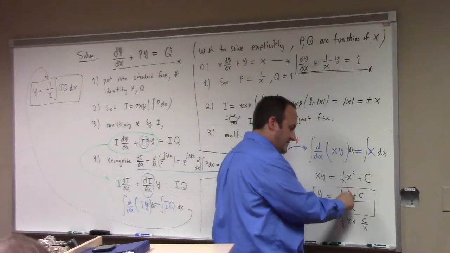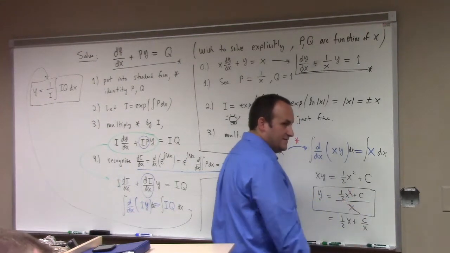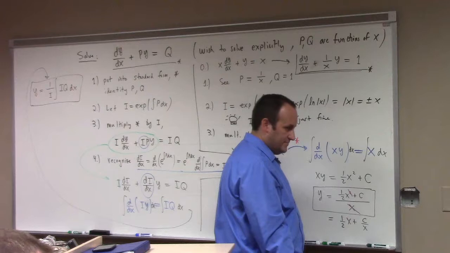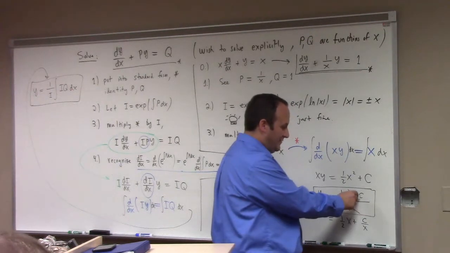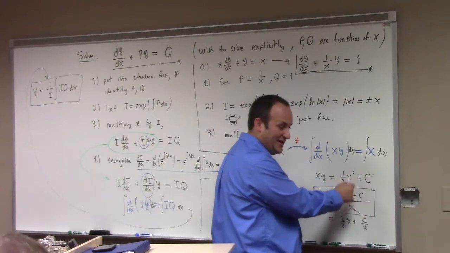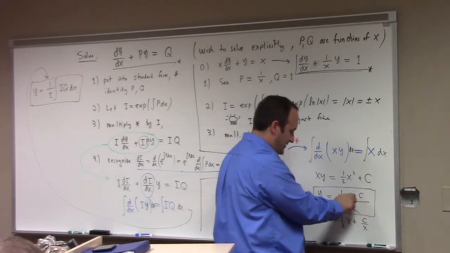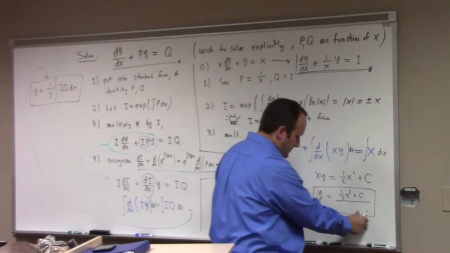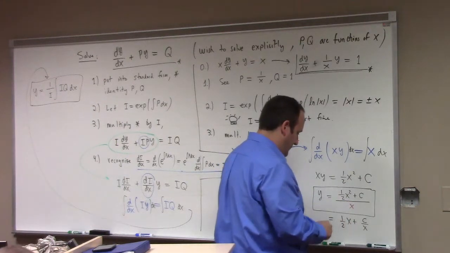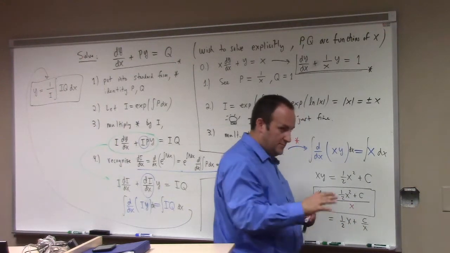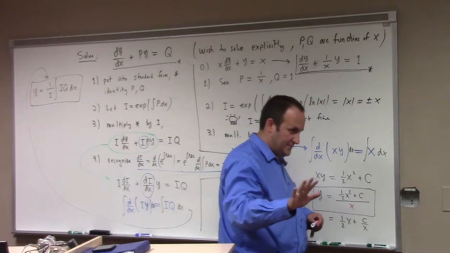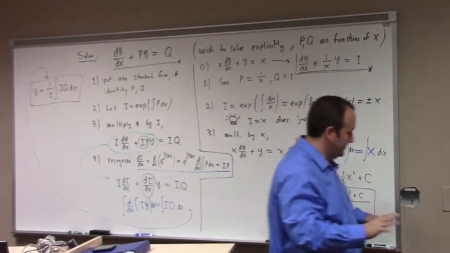Do this. No. There's a c over here, but we have to divide both terms by x, right? You cannot cancel like that, just to be clear. If you were thinking that, keep that secret. Don't tell me. I don't want to know.